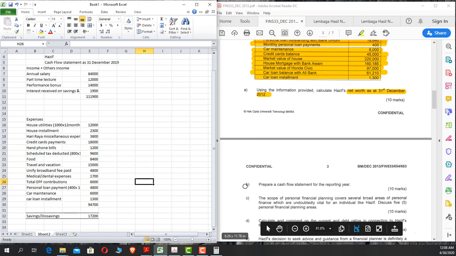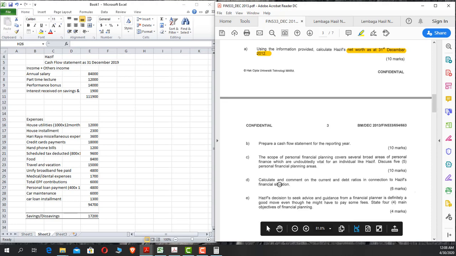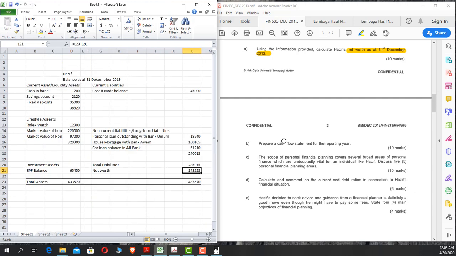And so yang lain tu ialah based on your question lah, sama ada yang ni discuss 5% of financial planning, and also comment on your current and debt ratio. So kalau awak nak kira based on your debt ratio dengan current ratio, based on your formula lah.